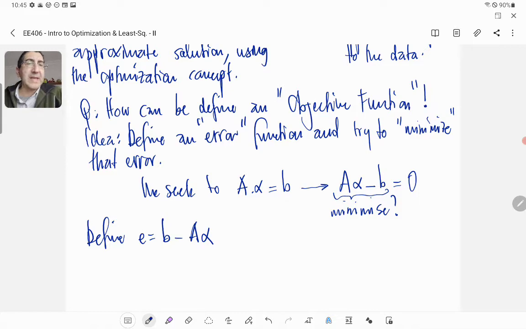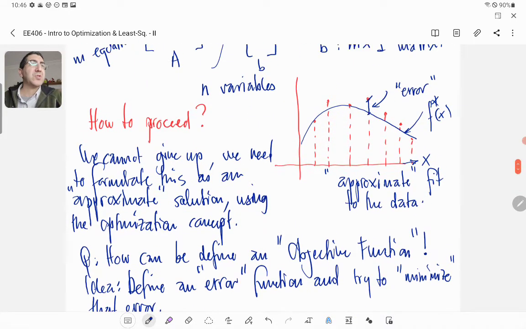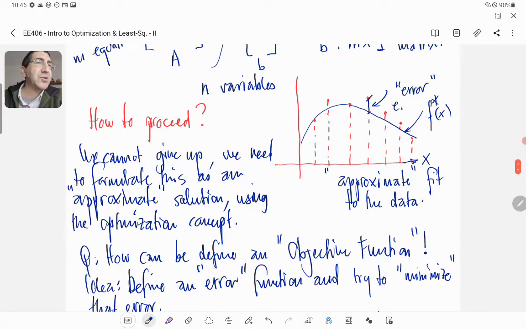Okay, where this error actually is a vector, right? E is an element of R^m. So that means, remember, B is a column vector where you have as many elements as the number of equations. Same with E, okay? M, remember, is the number of equations. So for each equation, for each data point, you actually have an error. So you see this error is actually E_i. So this is an error, right?